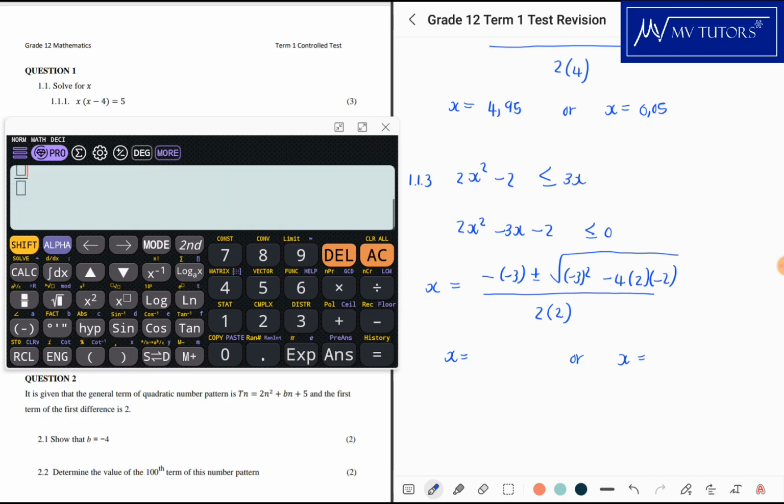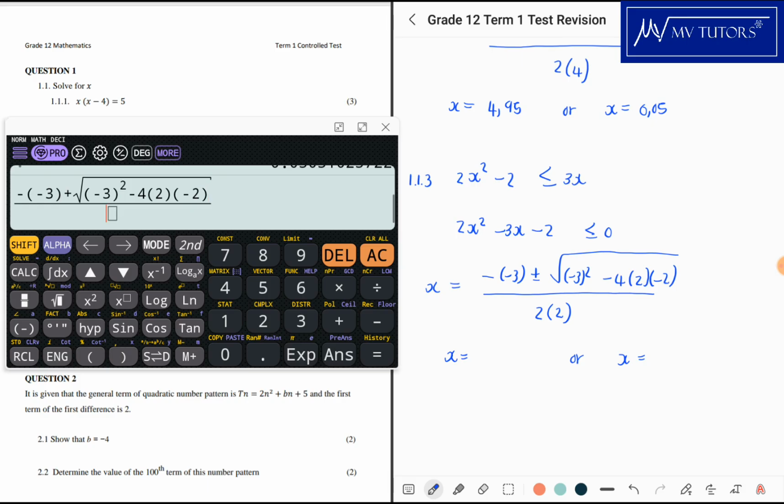Okay, so now we have minus 3. And then we're starting with the positive portion. So plus negative 3 squared. And then minus 4 times 2 times negative 2. Oops, forgot the negative, the 2.